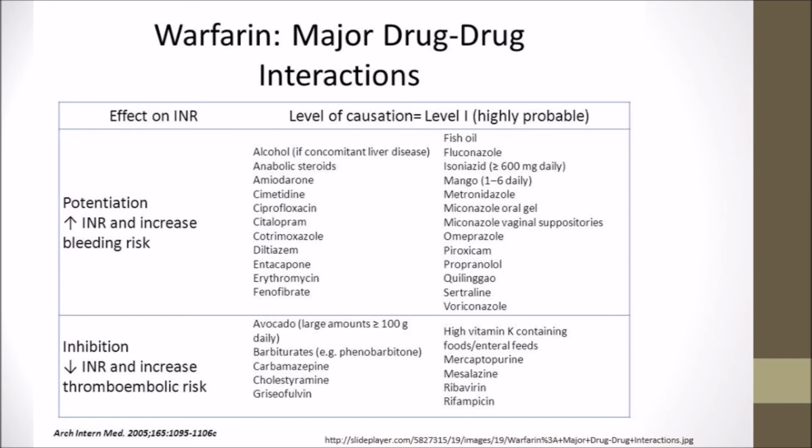The lower part of the chart shows substances that may decrease your INR and your risk for clotting or thromboembolisms. These interact with warfarin and change the level of warfarin aside from the level that was prescribed. So it is very important to talk with your patients who are on warfarin about some of these potential interactions.